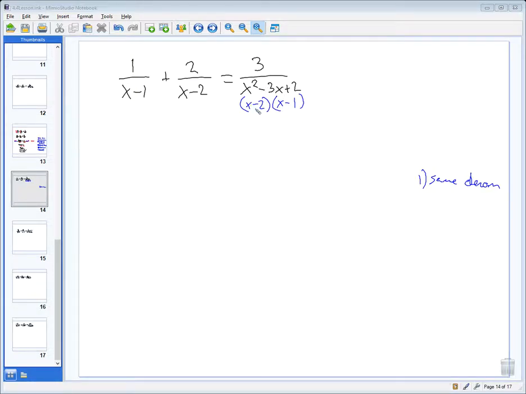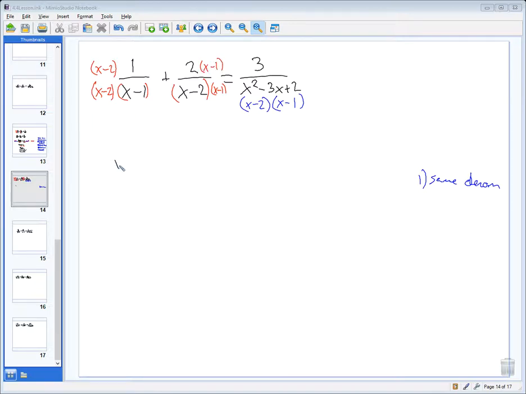So notice that this fraction on the right already has both factors or both denominators of these two other fractions. So we need to match these two other fractions with this one on the right, which means that I need an x minus 2 on the first fraction, and I need an x minus 1 on the second fraction.